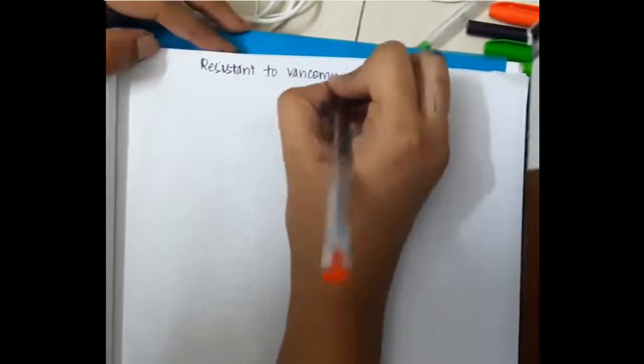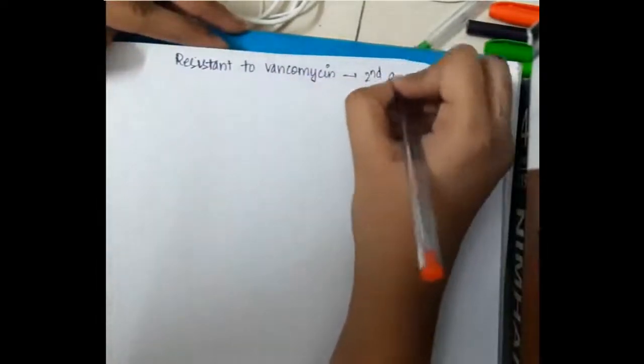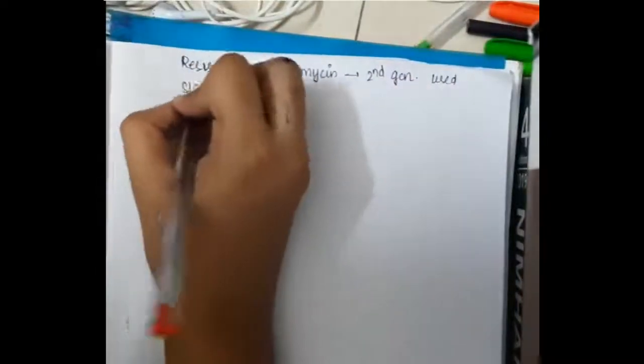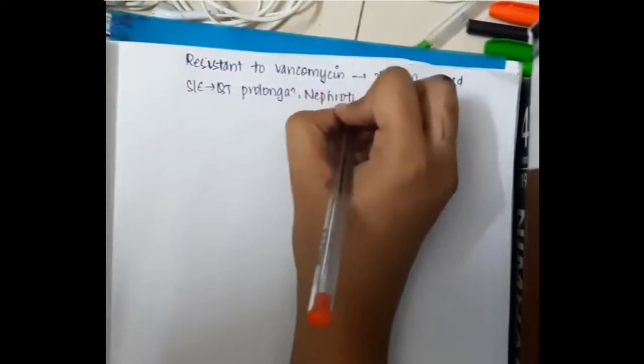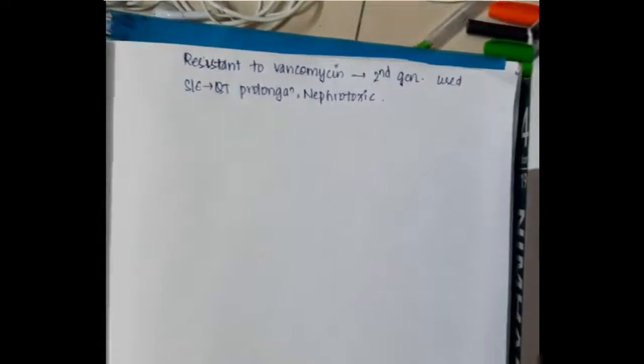If an organism is resistant to vancomycin, then second generation glycopeptides can be used. Side effects of these glycopeptides are QT prolongation and nephrotoxicity.